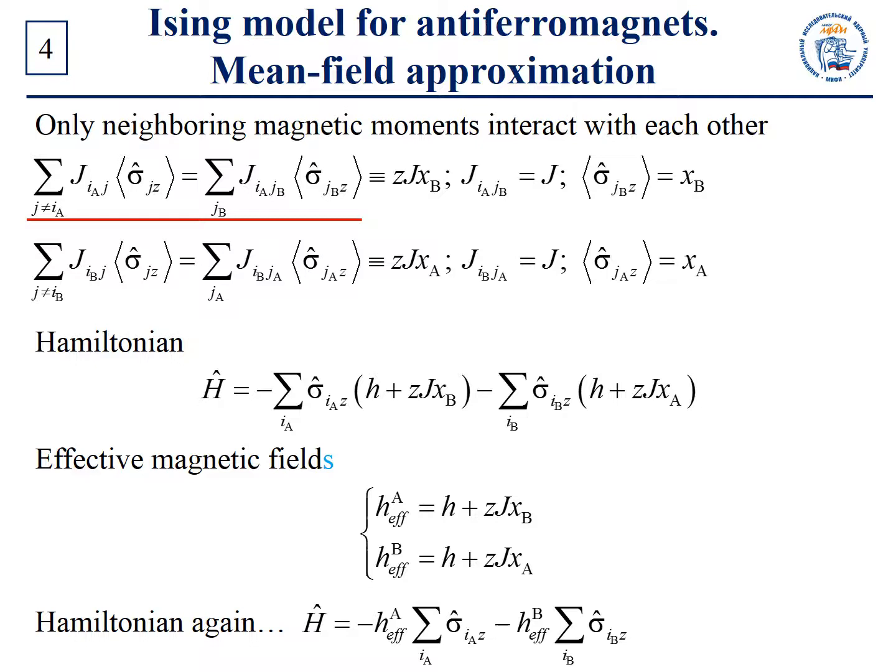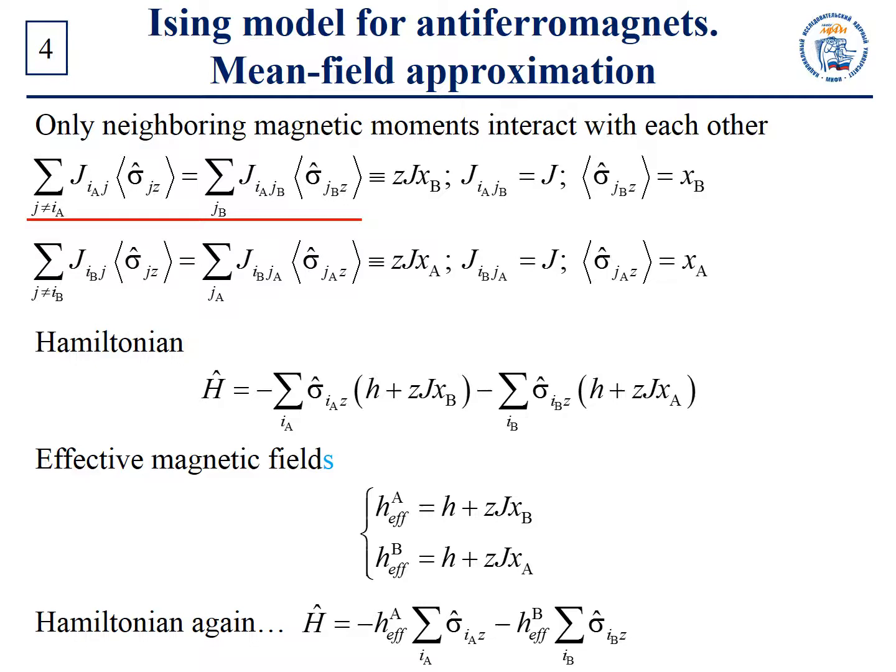It is the mean value of magnetic moment projection in B sublattice. We consider that the mean value of operator sigma jBz does not depend on the magnetic moment position in B sublattice, since all these moments are located in the same environment of magnetic moments from A sublattice.